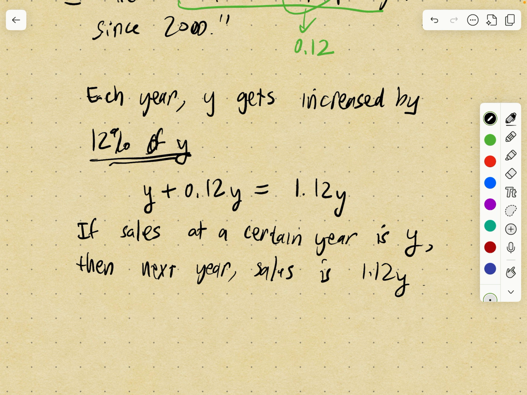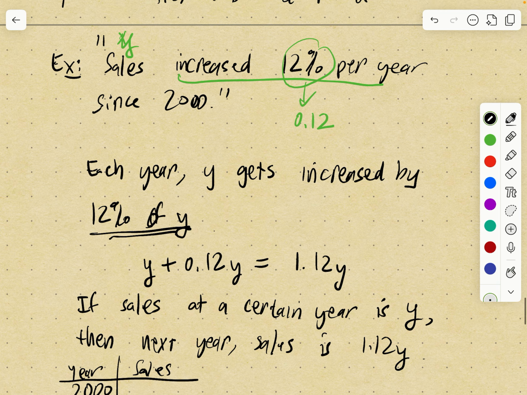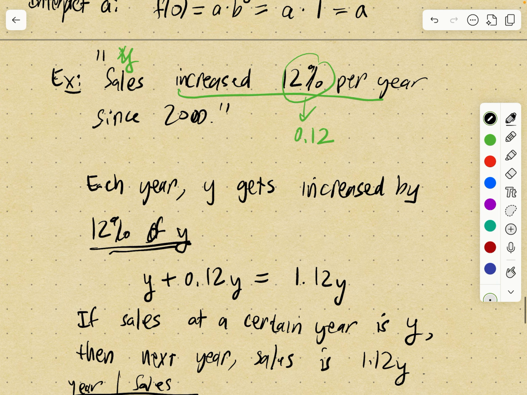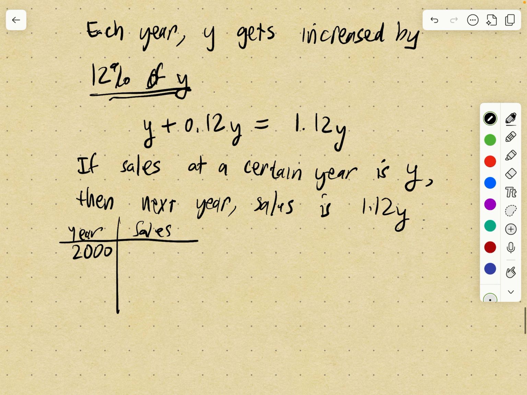So let's say that you have a starting value at 2000. Let's just make a table with a year and sales. Now the problem doesn't say how much sales were in 2000, so let's just give it a number. Let's call it A. Let's say that t is years since 2000.